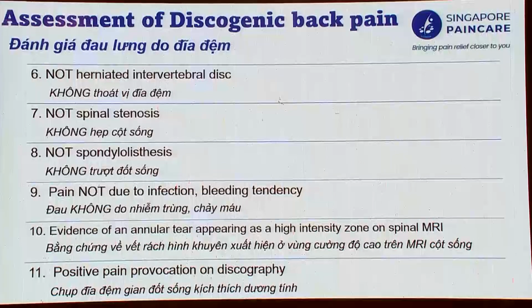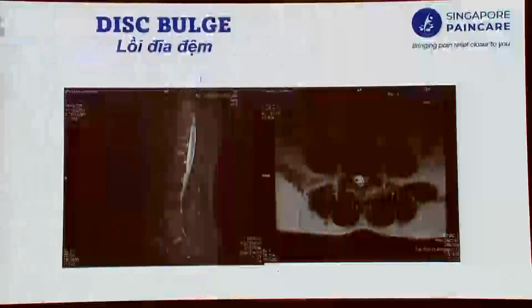When is it just discogenic itself? Definitely no spinal stenosis, no spondylolisthesis, and pain not due to infection or bleeding, whereby there is a suggestion of an annular tear within the disc itself, and most importantly, a positive provocation test on discogram.